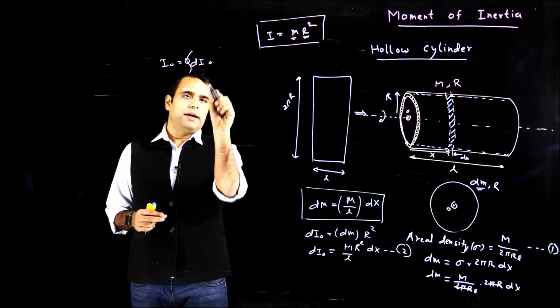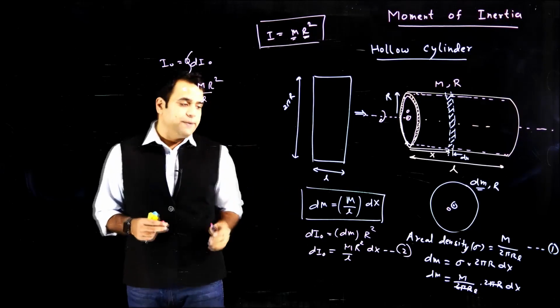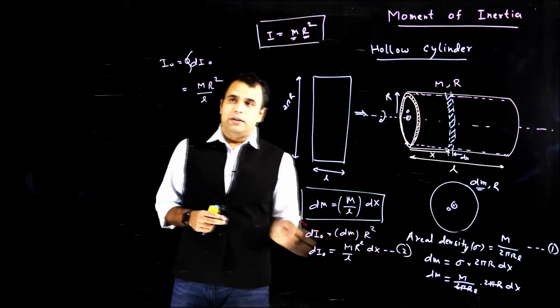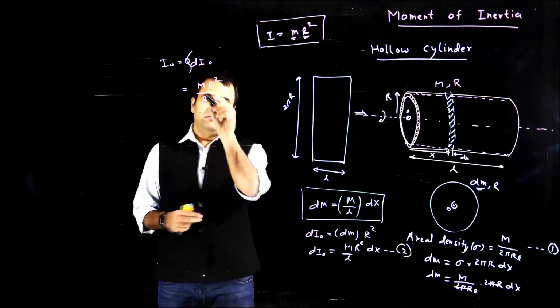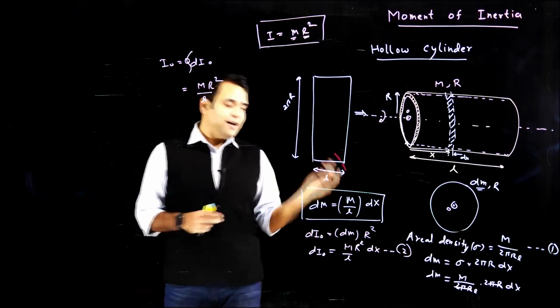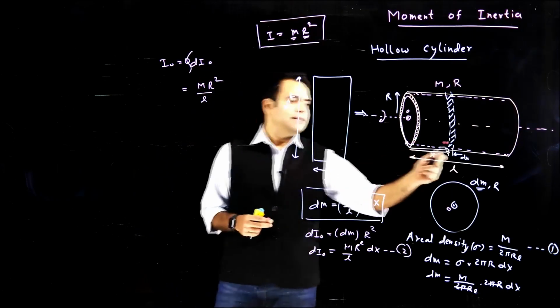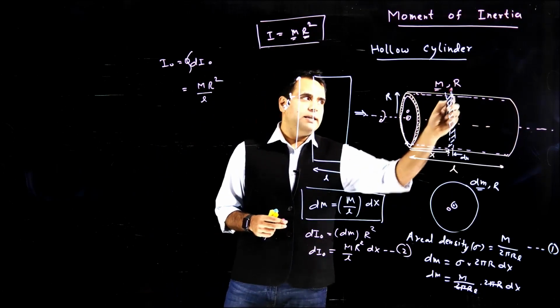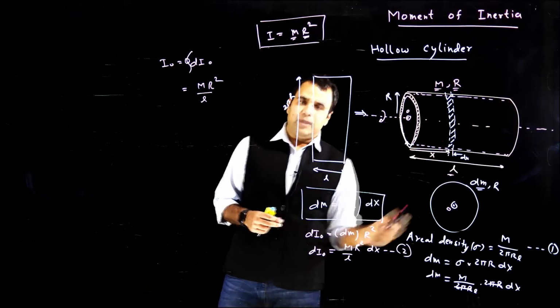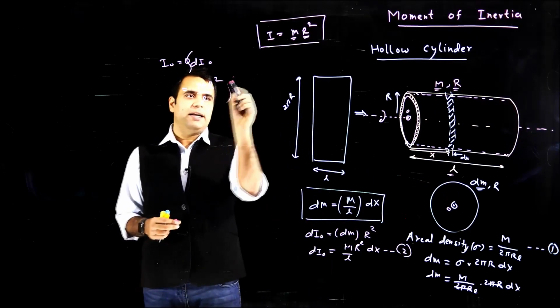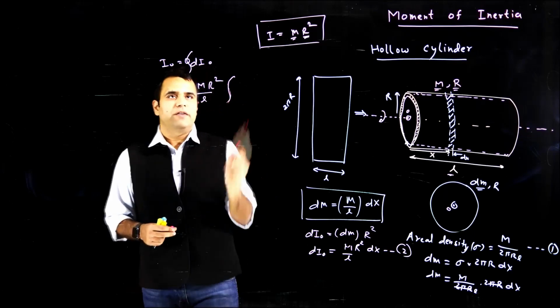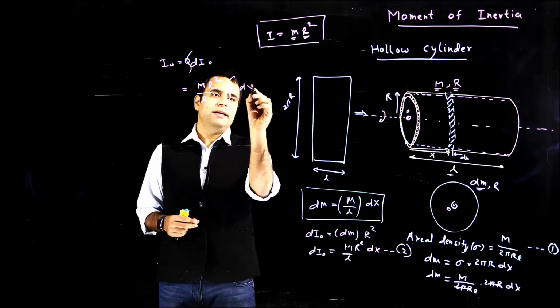So m capital R squared upon L. You see, the variable is dx here. So mass, capital R and L are independent of dx. As you change the value of x, the mass of the cylinder, the radius of the cylinder, and the length of the cylinder are not going to change. So we'll take them out of the integration sign. Inside there will be dx.